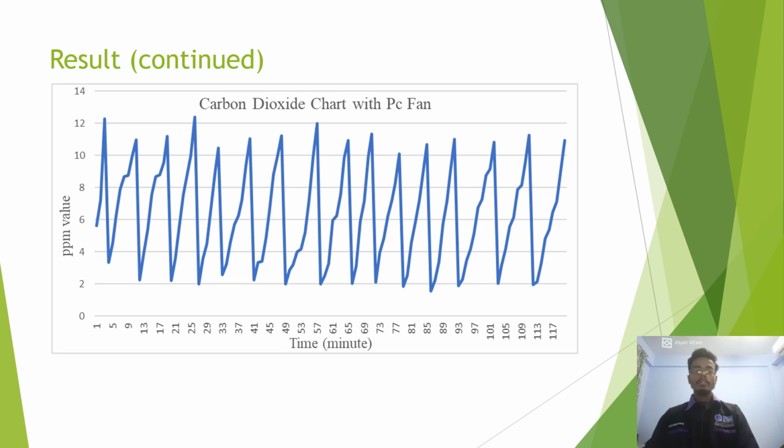Once the ppm value has dropped, the PC fan stops, so the ppm value will increase again, as you can see here. Once the ppm value is more than 10, the fan will be activated and the odor will be extracted from the partition, and the cycle repeats. I ran this experiment for 2 hours to get these results.